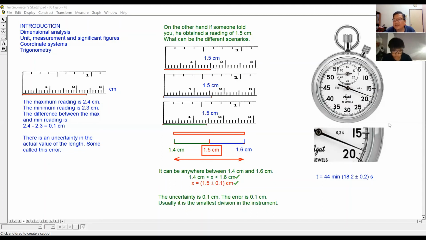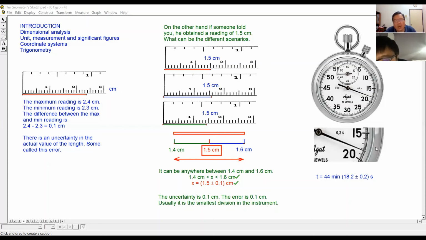So what is the reading? How many seconds? 18 point, how many small divisions? 18.1 to 2, give or take.